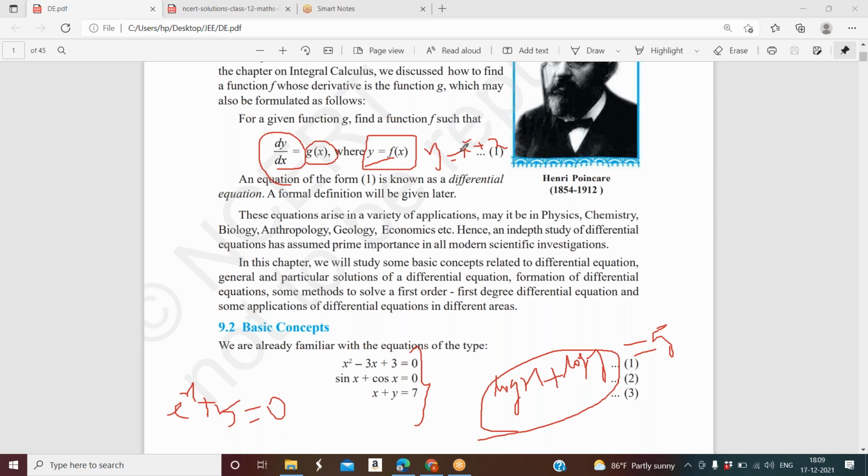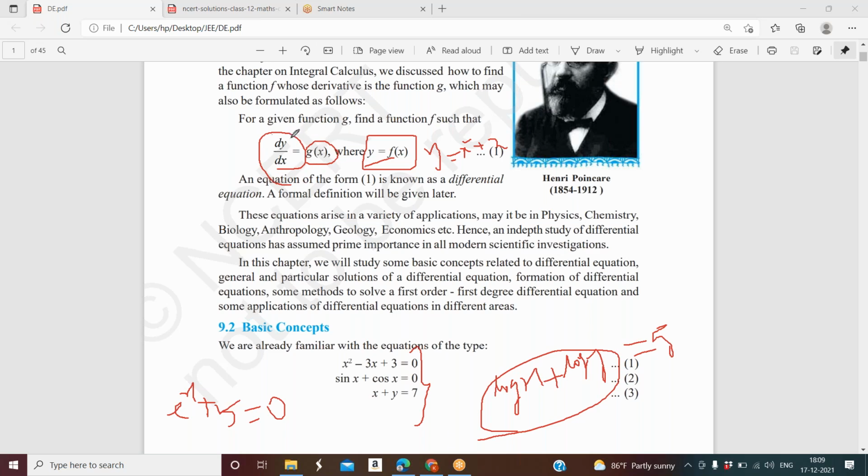Suppose if there is a change in y, then that can be represented as dx by dy, derivative of x with respect to y in that case. We can represent in both the ways, dy by dx as well as dx by dy also we can write.